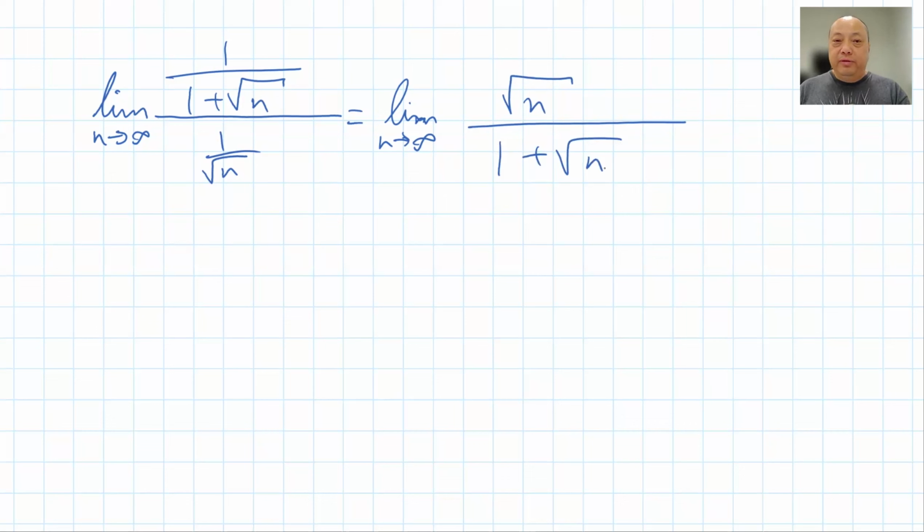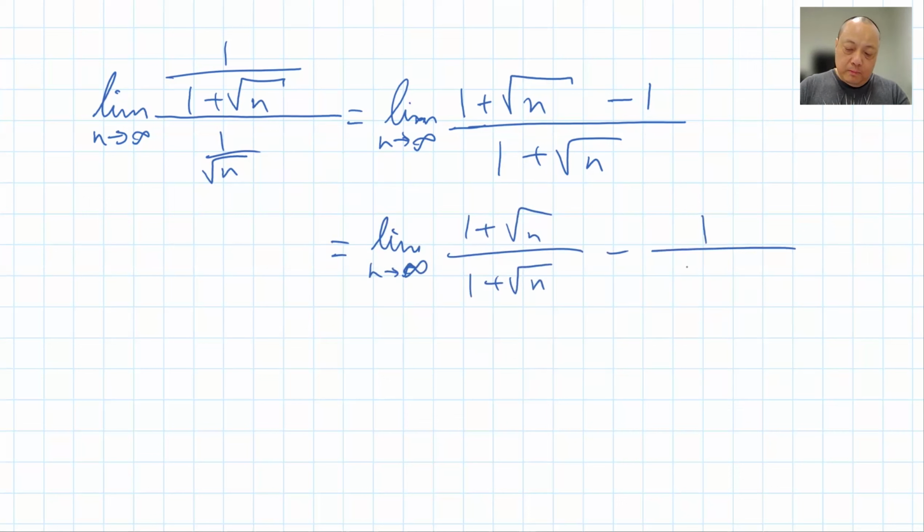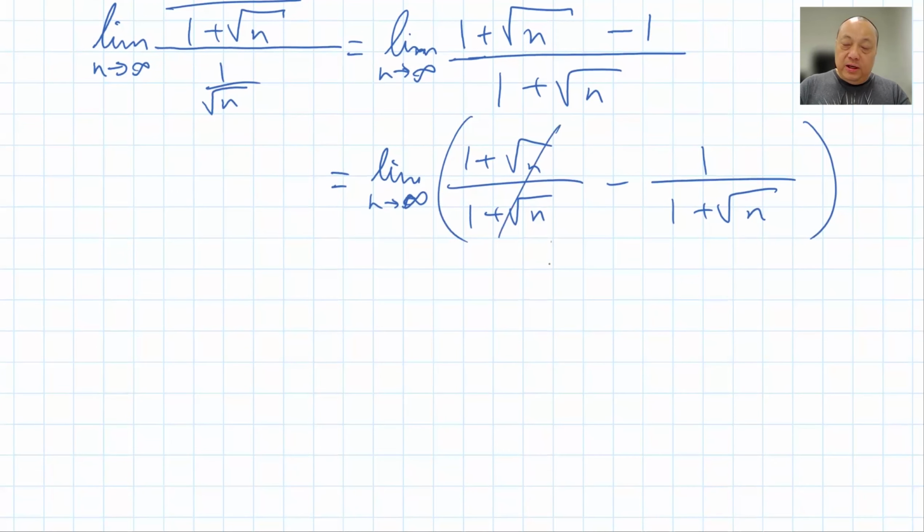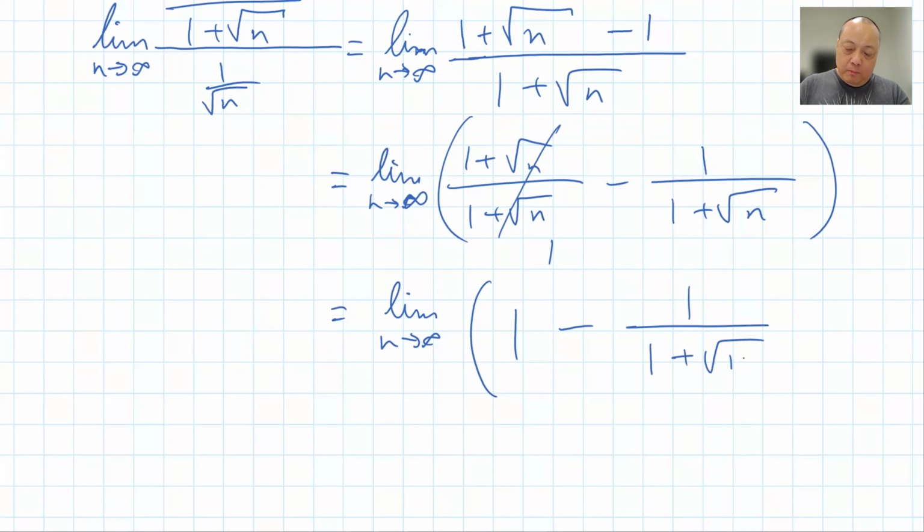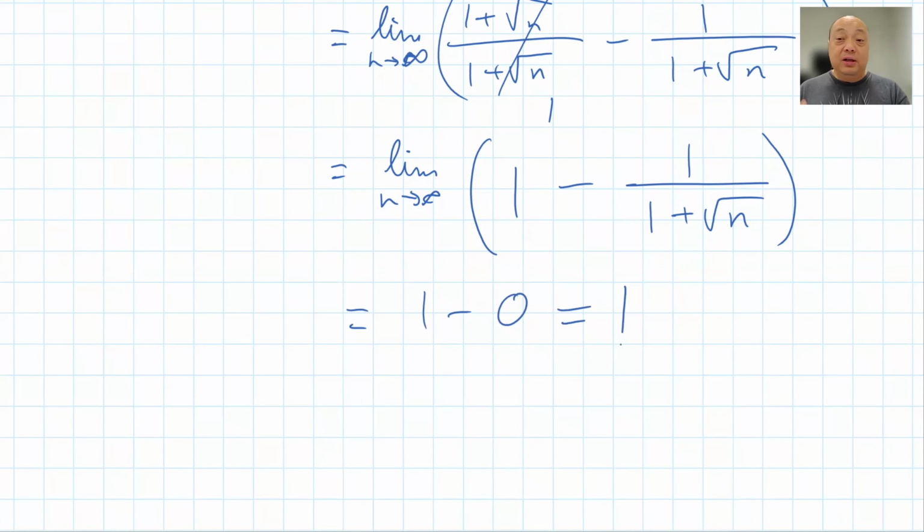Well, I can't quite divide, so I'm going to take one more step. I'm going to add 1 and subtract 1 from the numerator. And now I can separate them just like before. This cancels to 1. And this limit also equals 1, also finite, and therefore both series diverge together.